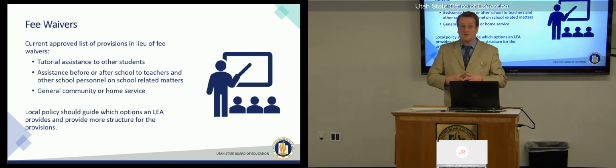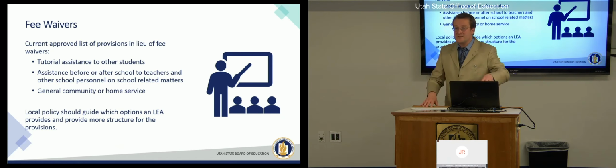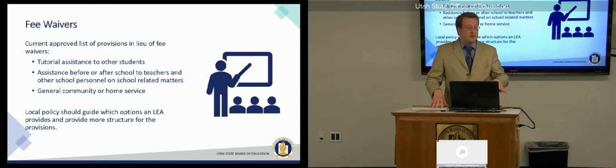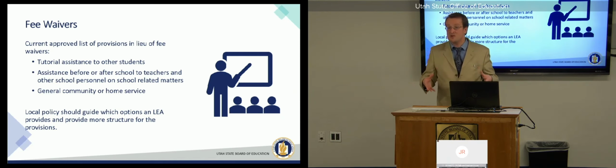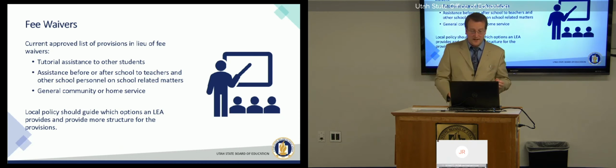Again, virtually all of this is to be decided at a local level. And if you think of something that doesn't fit one of these categories, you can let the state board know. We can get it added. But right now, these are pretty broad categories that would capture most service opportunities.